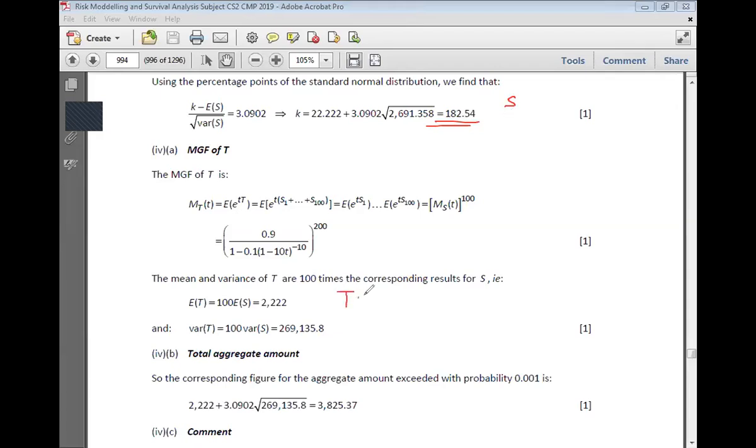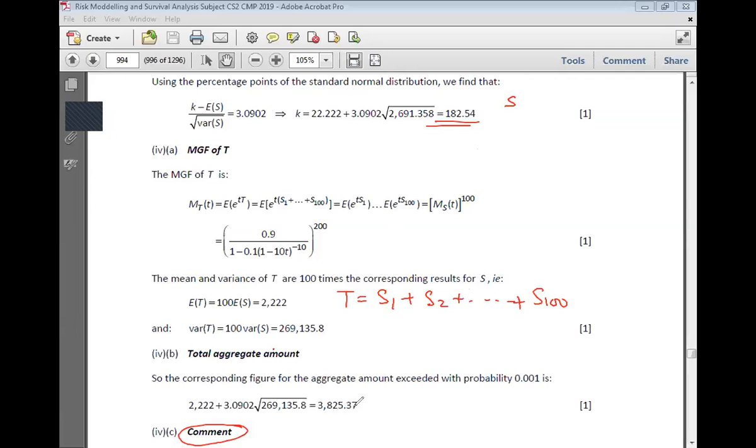And here we have T, which is the summation of S's, which goes on till 100. So what we are trying to compare is not exactly this S and this T, because this is just one part and we are adding hundreds of this. So it's clear that the variance for this one is going to be higher.